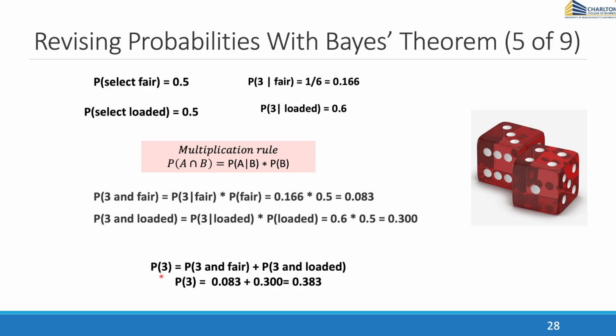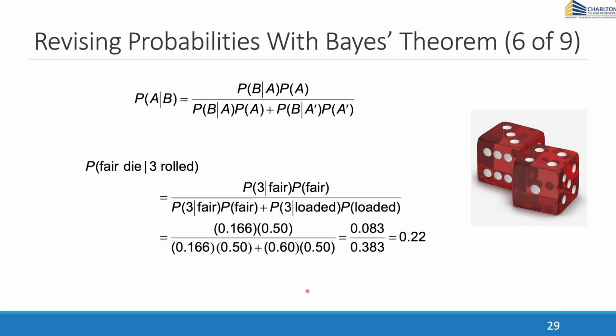The probability of getting 3 is equal to either we get a 3 with the fair die or a 3 with the loaded die. So it's equal to the probability of 3 and selecting fair plus the probability of getting 3 and selecting the loaded die. That's the summation of these two numbers: 0.083 plus 0.3 equals 0.383.